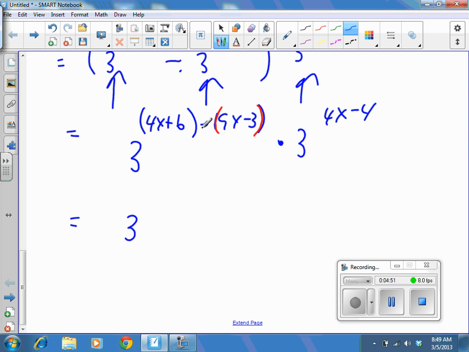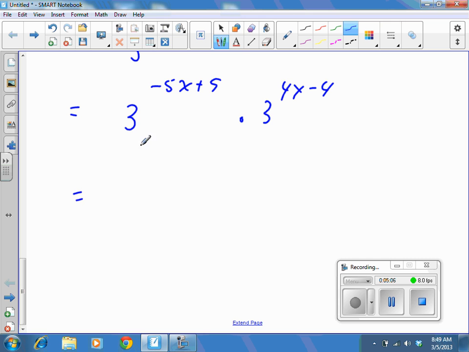So 4x plus 6 minus 9x plus 3, you end up with negative 5x plus 9 times 3 to the 4x minus 4, and you use your laws of exponents from grade 9. When the bases are the same and you're multiplying, you leave the base and add the exponents.